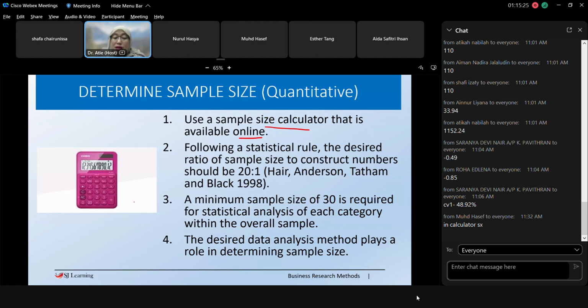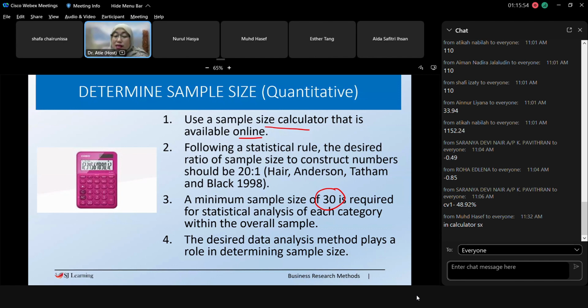A minimum sample of 30 is required, which is very important. If you have less than 30, your population is very small and you don't need to take any sample. So the minimum sample size is 30, and therefore your population must have at least 50 in order for you to take a sample.